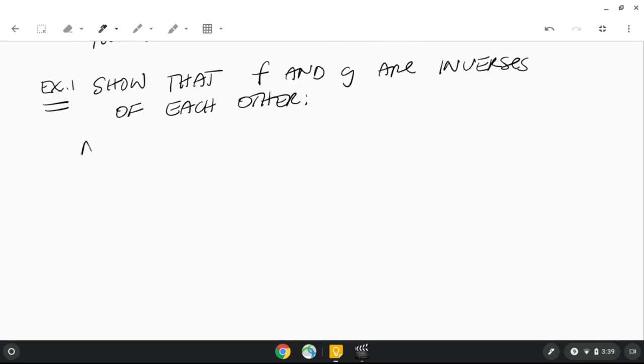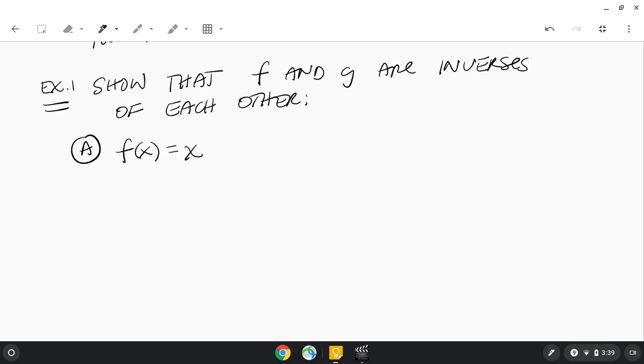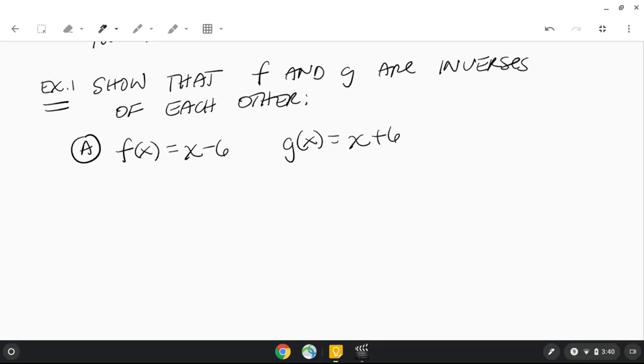Suppose I have this for my f function, x minus 6, and suppose my g function is x plus 6. So again, to show that f and g are inverses of each other, we need to show that both composites, f circle g and g circle f, equal x. All right, so let's do the first part. f circle g.